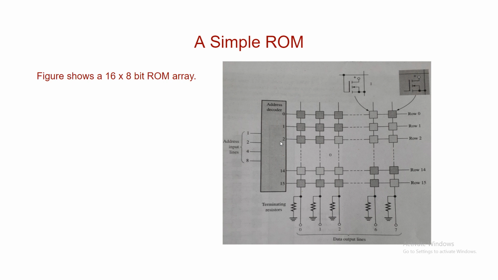Row line 2 is activated to high level. All other row lines are at a low level.